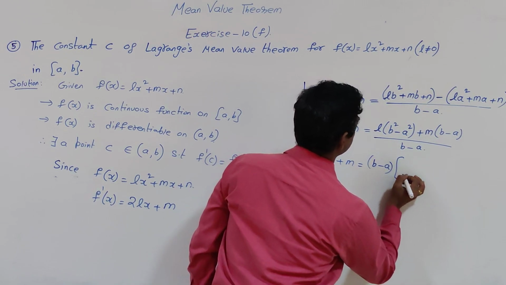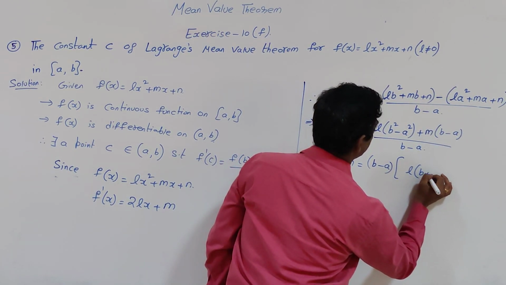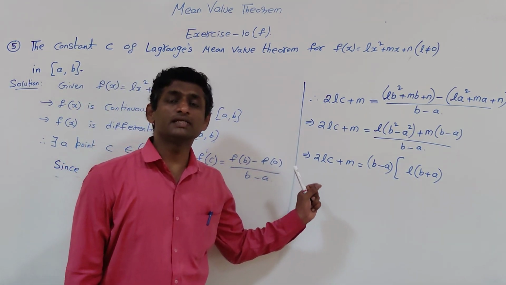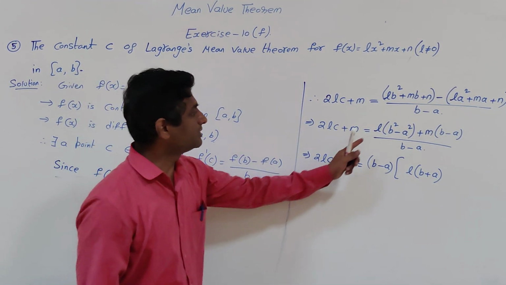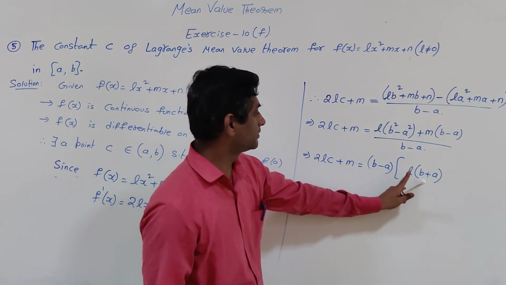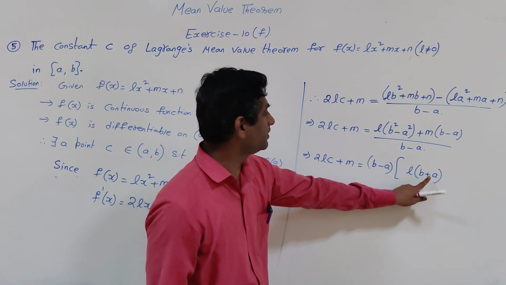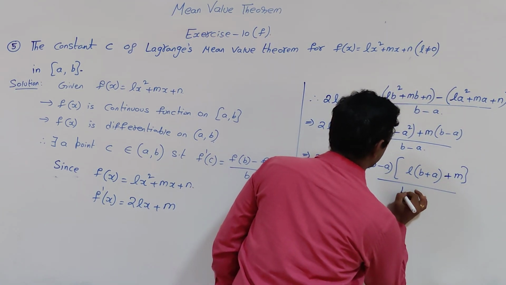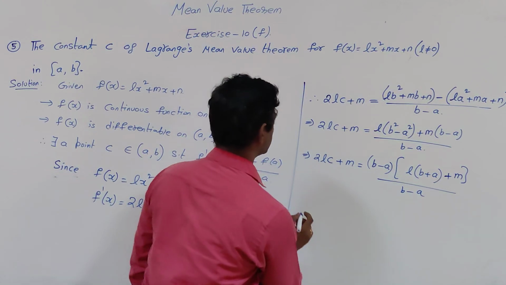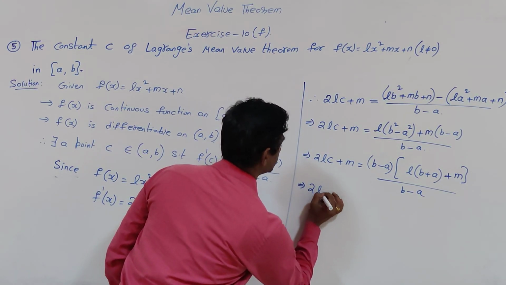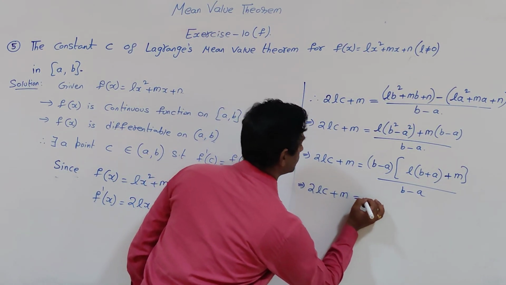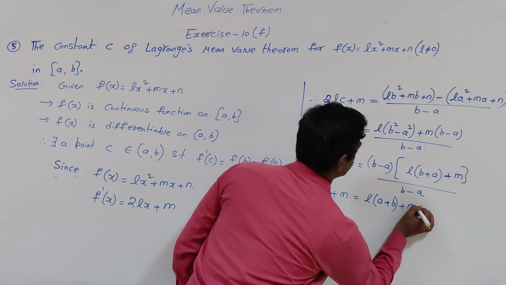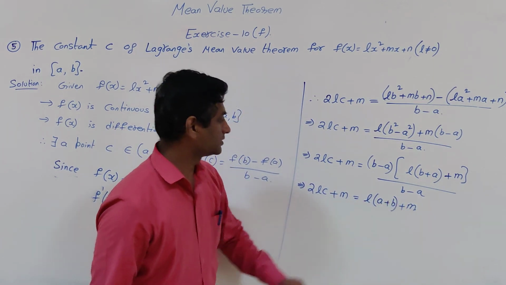So it will be L times of (b plus a), as b square minus a square can be written as b minus a into b plus a, plus m. From this b minus a we can take out, so the remaining will be L times of (b plus a) plus m by b minus a. So these two get cancelled. So 2Lc plus m is equal to L times of (a plus b) plus m. Again, m get cancelled.